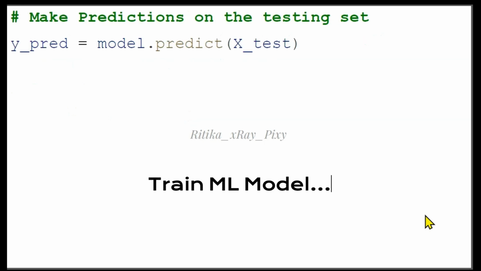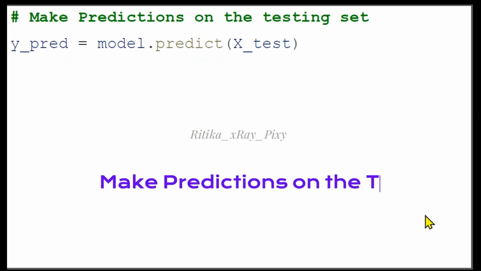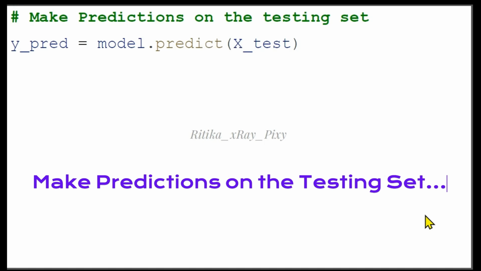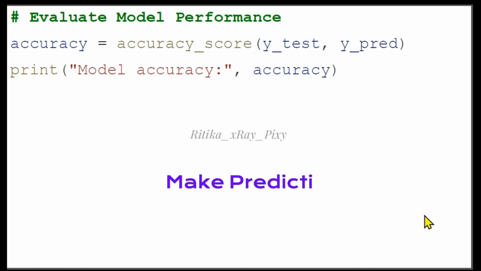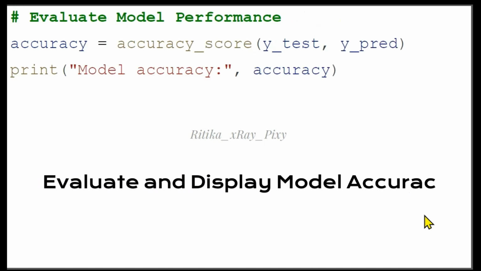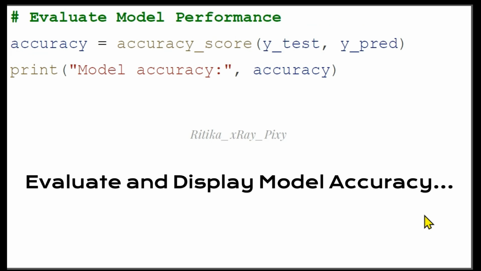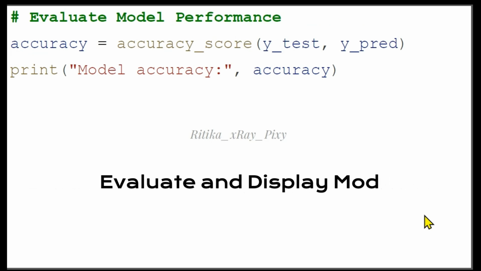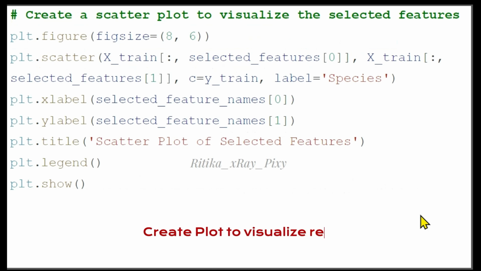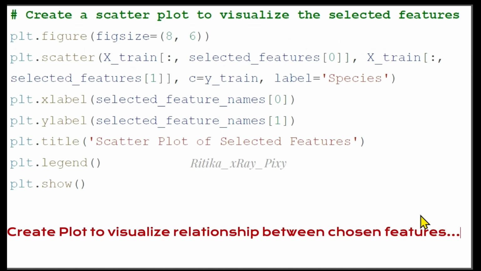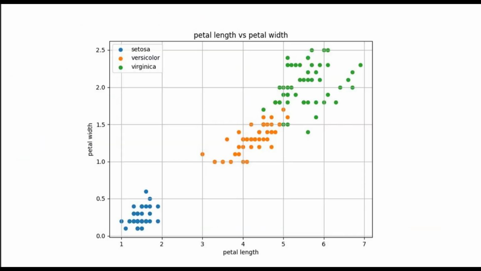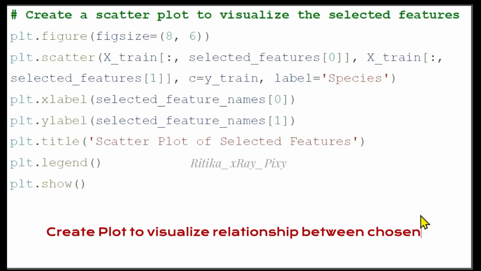So further you can do this. After that we will make the prediction on the testing set, and then we will finally evaluate the performance. So we'll evaluate the performance and check the accuracy and then display model accuracy, and finally we will create a plot to visualize the relationship between chosen features. Now we will run the code and display the final output.